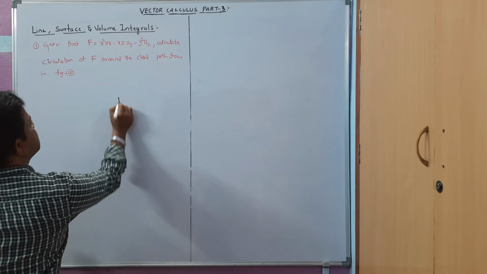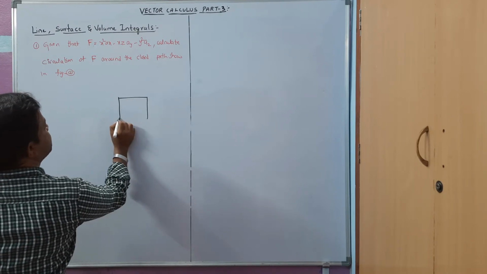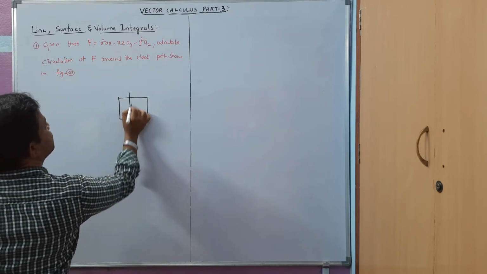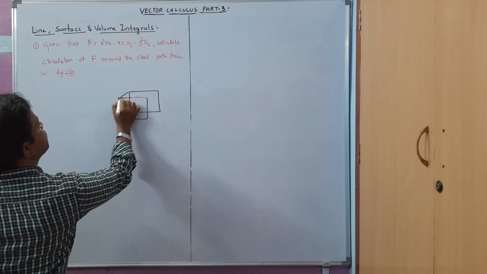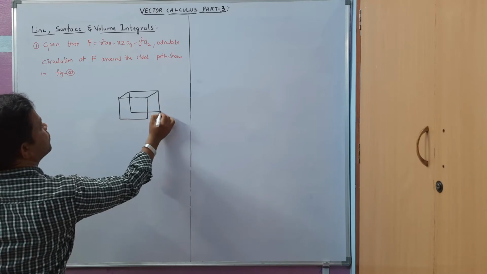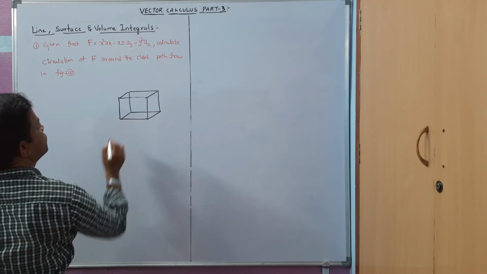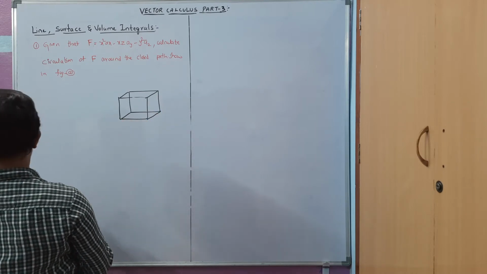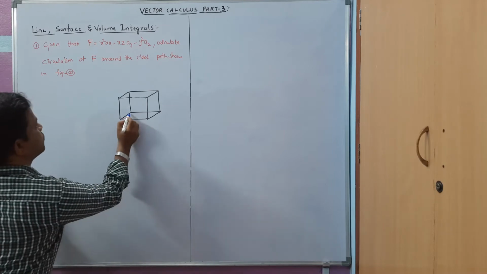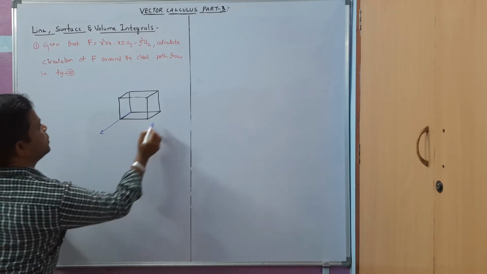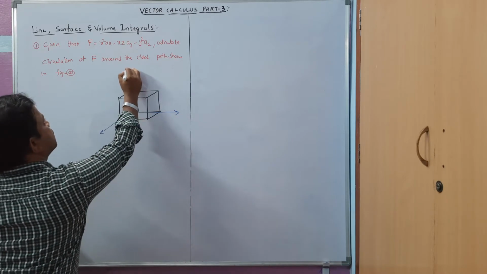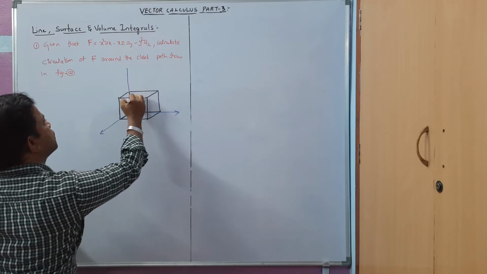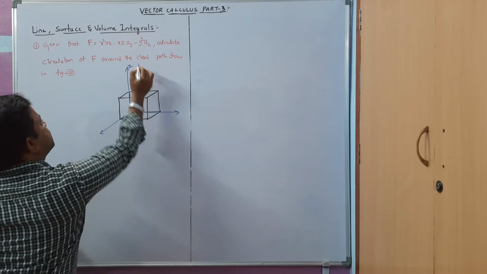The diagram is given like this, a simple diagram here. This is x axis, this is y axis, this is z axis.